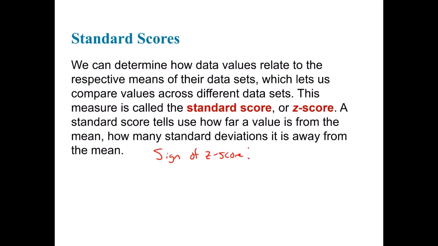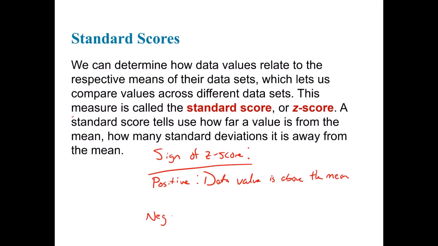So what the sign of the z-score tells us, so it can either be positive or negative, or zero. If your z-score is positive, the data value lies above the mean. If your z-score is negative, the data value is below the mean.